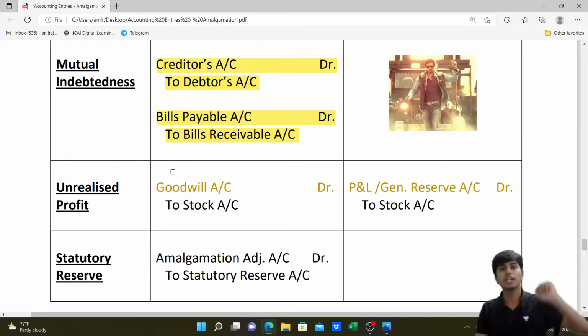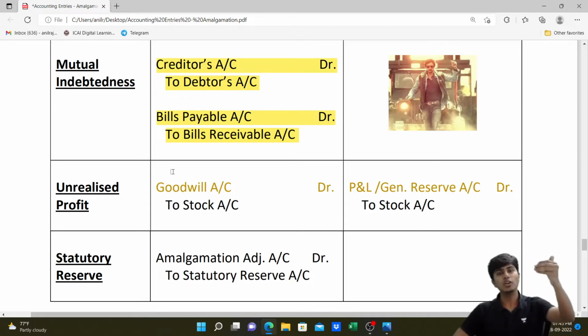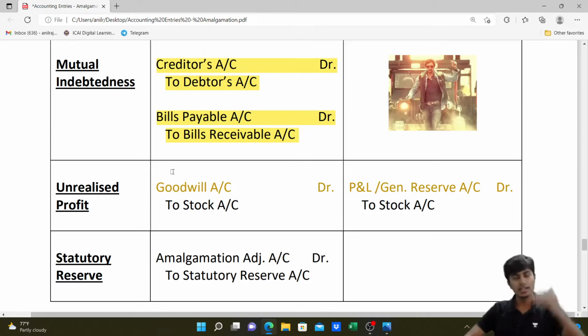Such profit has to be reduced, and the value of the stock, which would have gone up, also has to come down. Instead of 100 rupees cost, it would now be recorded at 110. I should bring it down to 100. So what do I do? To bring down the value of the stock from 110 to 100, I will reduce it. I will credit the stock and the debit will be given to goodwill in the case of the purchase method. See, in the case of purchase, we'll write goodwill account debit to stock.